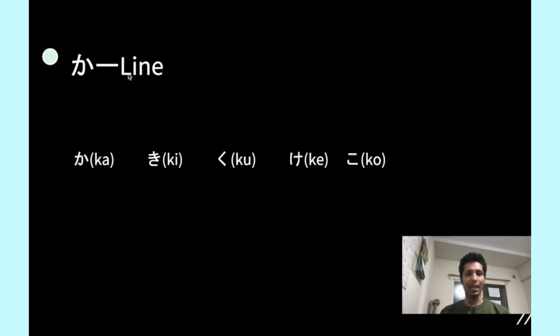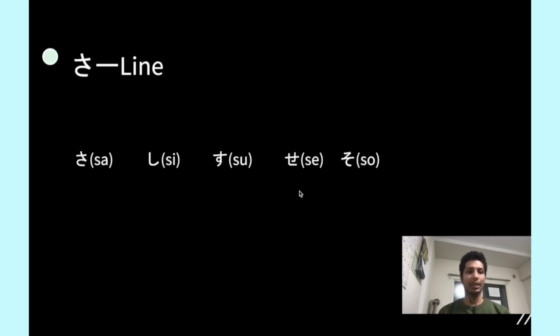The ka line consists of 5 correlated characters: ka, ki, ku, ke, ko. Repeat with me: ka, ki, ku, ke, and ko. So this was the ka line.